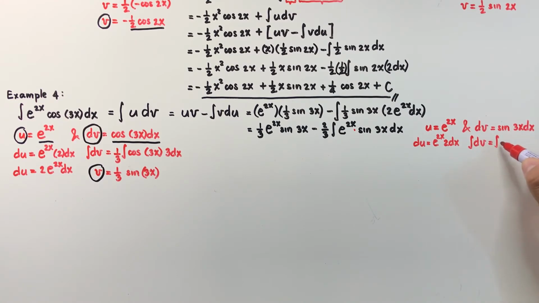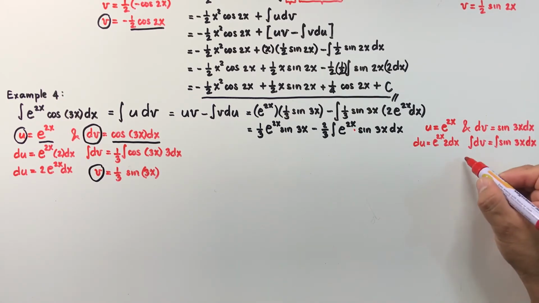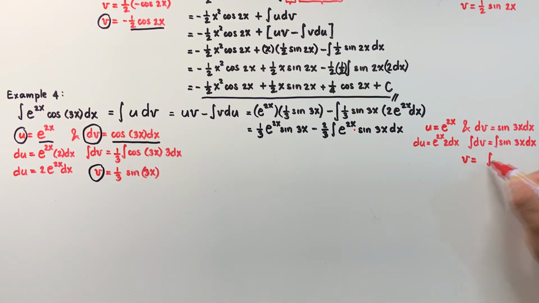So we have the integral of sine 3x dx. And our v here is equal to the integral of sine 3x 3 dx, because I need to provide 3 for the derivative of 3x, but I need to have a balance of 1/3 in front of the integral symbol.